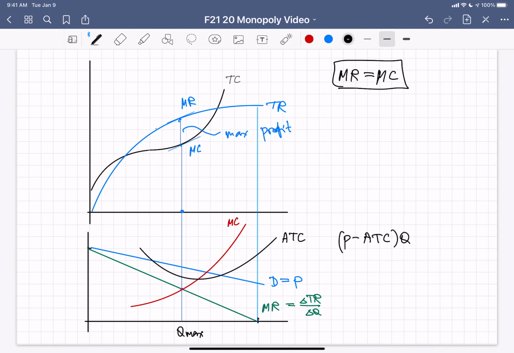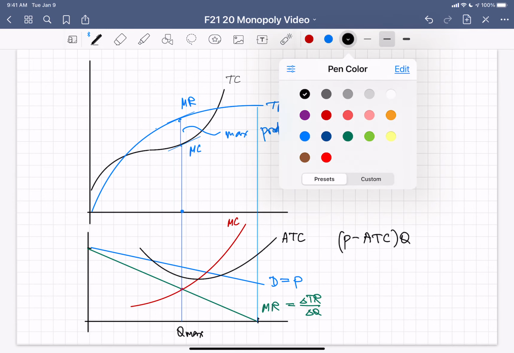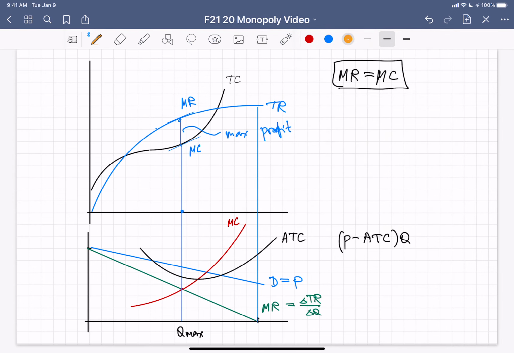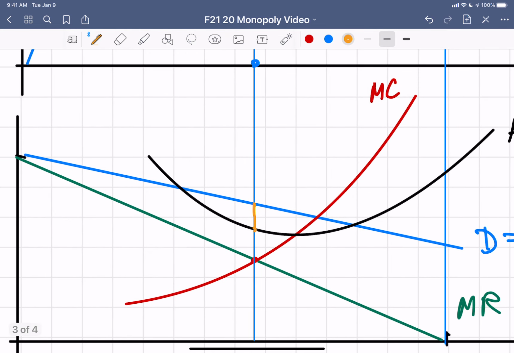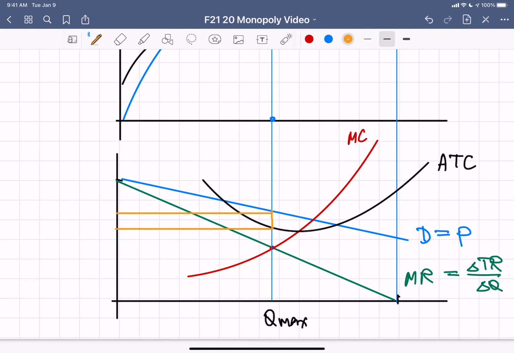Well, maybe I better show it on this graph. So this distance is P minus ATC, and if we extend it to make a rectangle, we'll get this area for our largest possible profit.